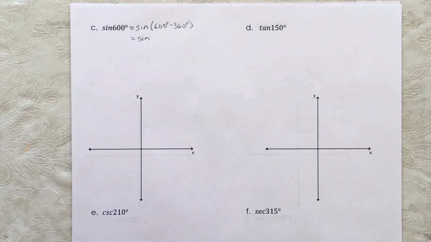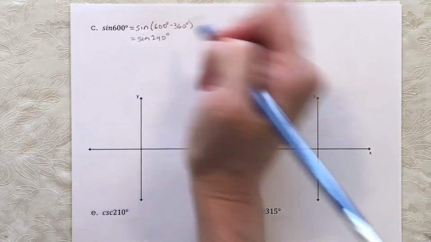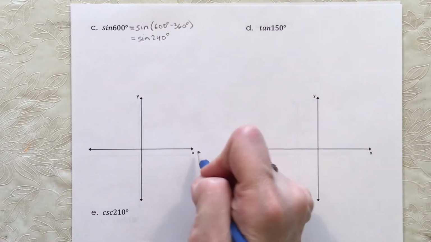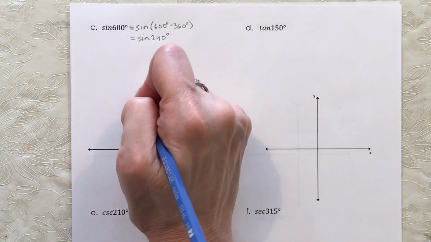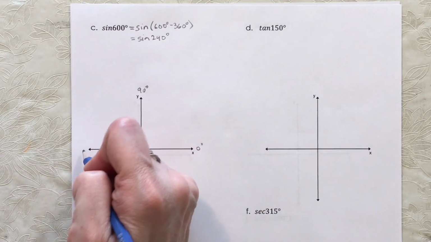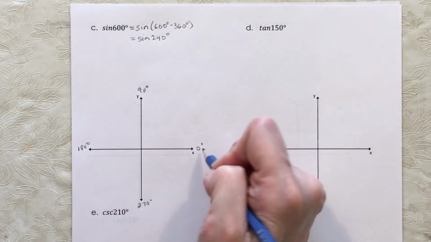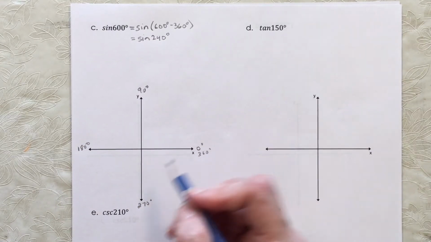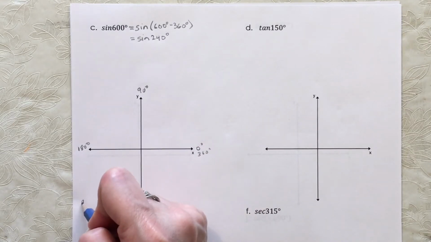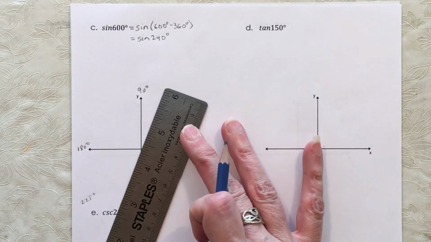They're going to have the same sine because they have the same terminal arm. That's 240. So now I can base my drawing off that. My terminal arm has to be at the spot where 240 degrees would be. We know that the middle of this quadrant is 225, so 240 is going to be closer to 270.